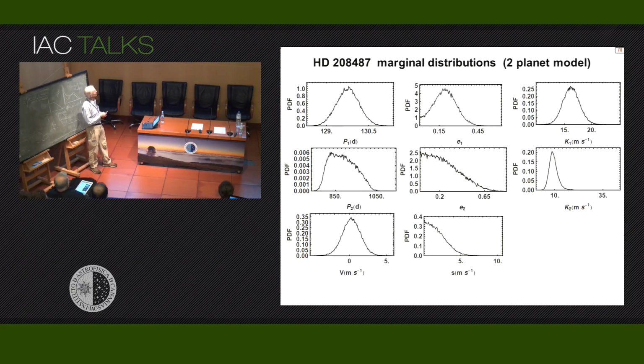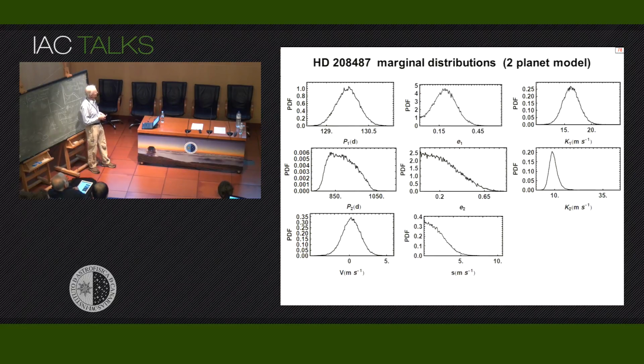You can see the eccentricity value for the higher signal-to-noise planet is still quite broad, and it definitely prefers something non-zero, although the distribution goes down to zero. For the second one, you can see it has a very broad distribution going way up to 0.7, 0.8 even, but the bulk is down at low values, so it favors a low eccentricity orbit.